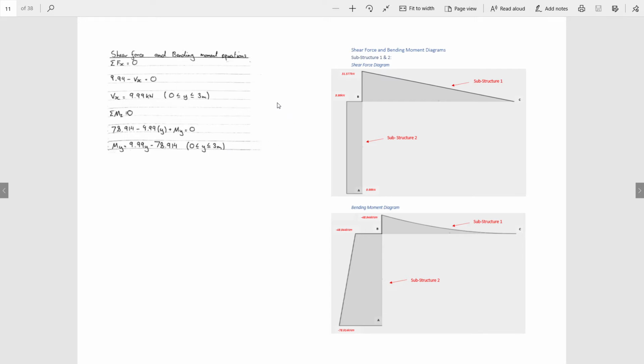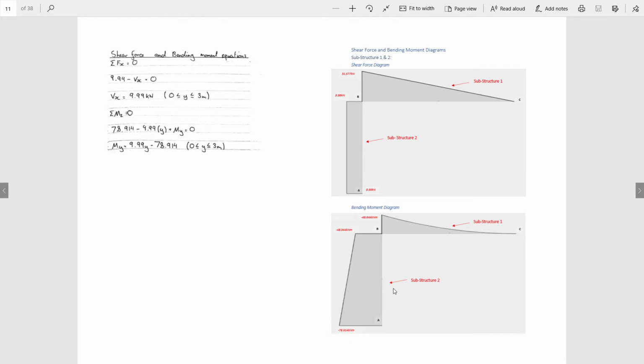We've taken these values and subbed them into our shear force and bending moment diagrams. From the shear force and bending moment diagrams, very basic, we've got a composite of both substructure 1 and 2, but we can see down below here that most of our bending moment is going to be from substructure 2.